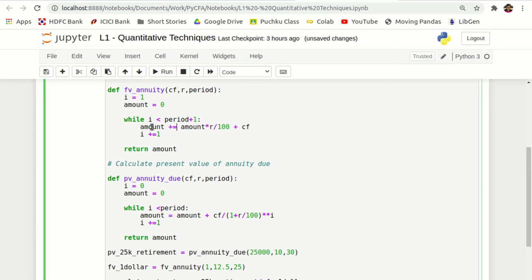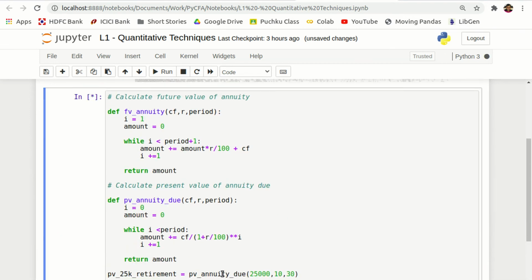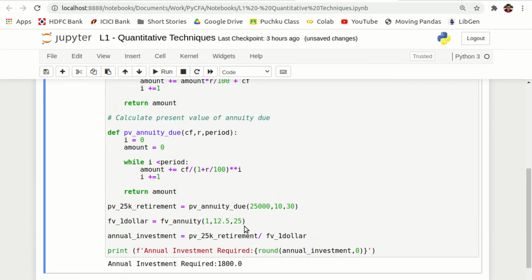So it will basically take the amount and put it right up here. And same over here. And don't do equal to plus, which sends the system into a never-ending loop. Okay, so let's see. And voila. The answer is annual investment required is $1,800, and I sort of know this is the right answer.